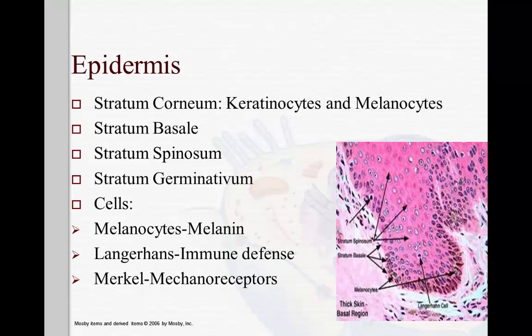Now let's discuss the strata. We have the stratum corneum, where the keratinocytes and melanocytes are present. If you remember, melanocytes are the cells that produce melanin, located in the bottom layer of the stratum basale in the epidermis.